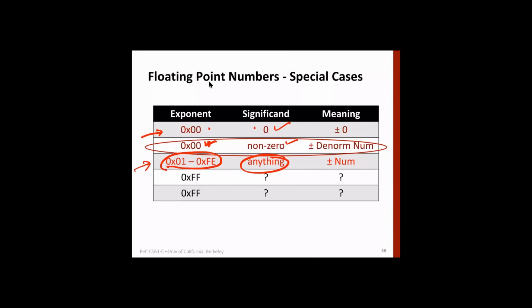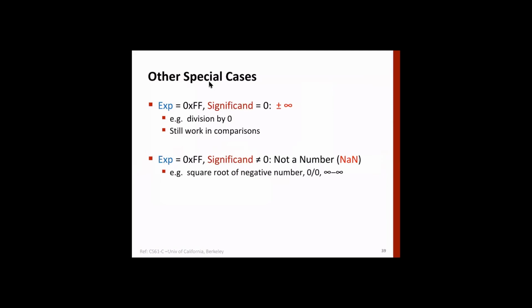Then we have the next two conditions, which are special cases. When the exponent is ff and the significant is 0, it represents plus minus infinity. We have seen the reason why we want to represent infinity: sometimes in calculation, division by 0, we may have to represent it by a number.